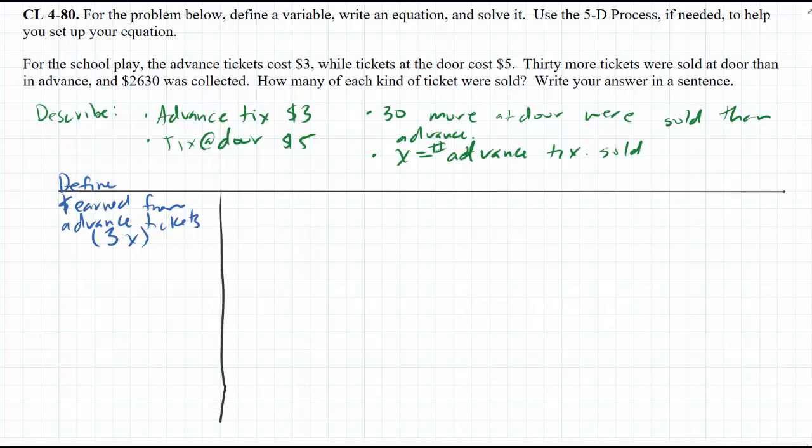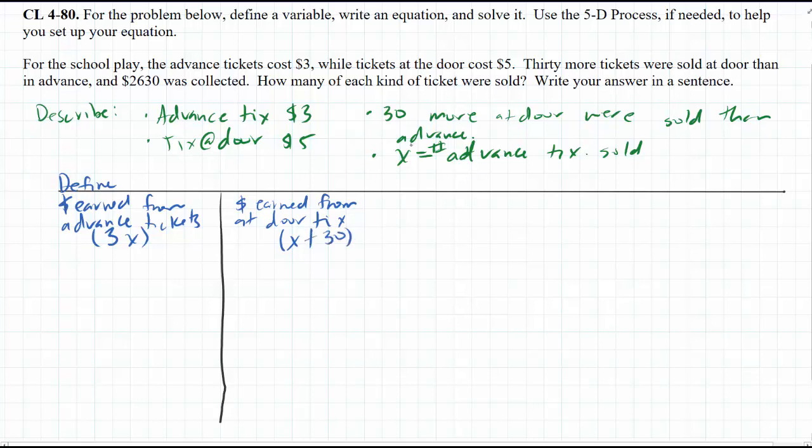Now as far as the money earned from the at-door tickets, that's going to be a little more complicated. How many at-door tickets were sold? Well, it's going to be the advance tickets plus 30, because there are 30 more at the door.